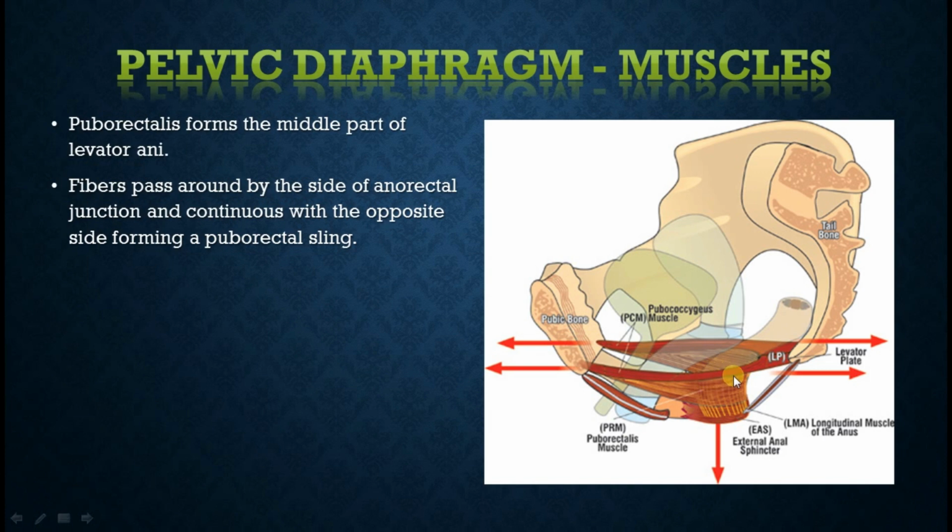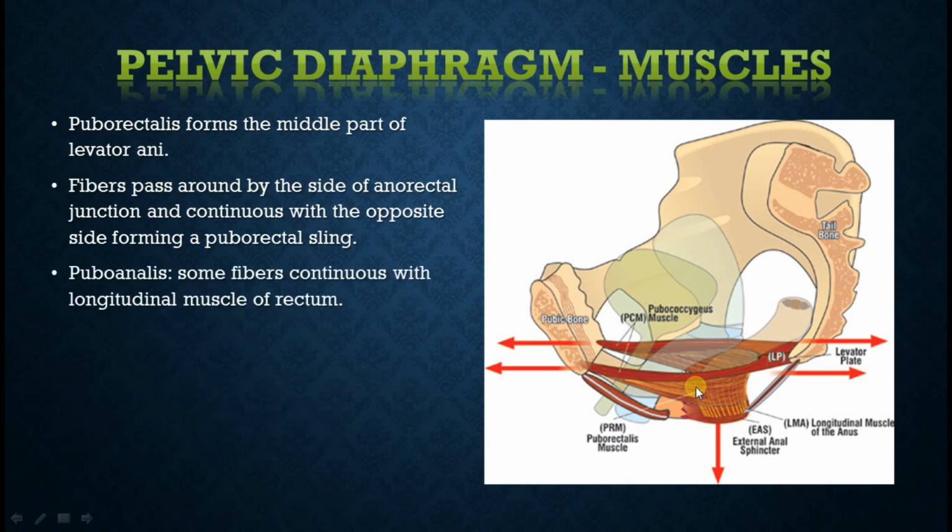If this muscle relaxes, your rectum becomes straight, and what happens? The fecal matter descends into the anal canal. So it is mainly responsible for maintaining the anorectal junction, thereby holding the weight of the feces. Not only that, just before the parturition, the child's head also rests on this puborectal sling, which supports the child's head just before the parturition.